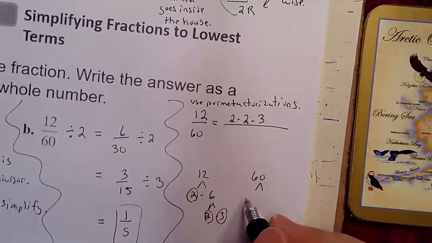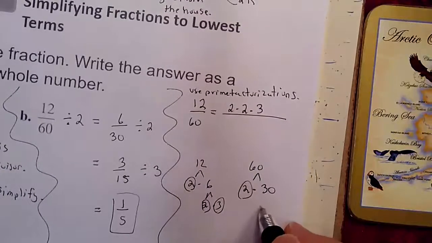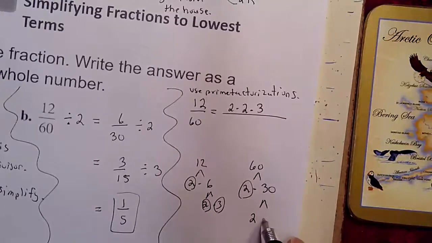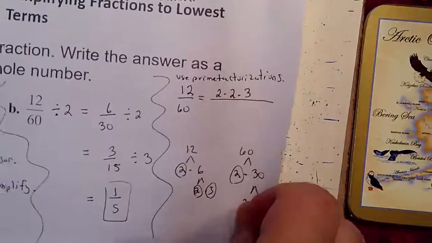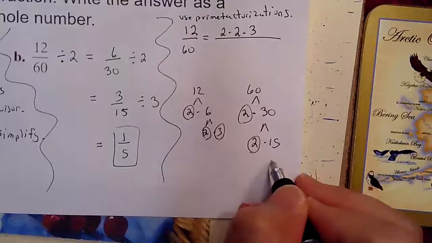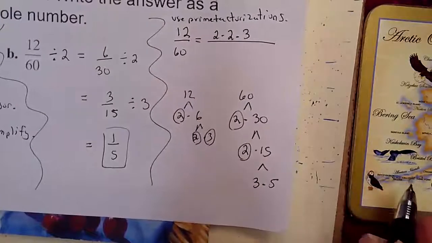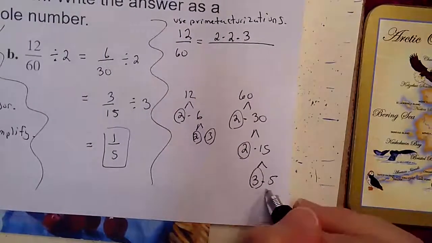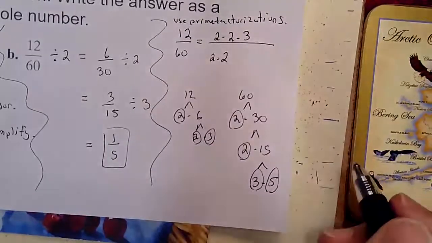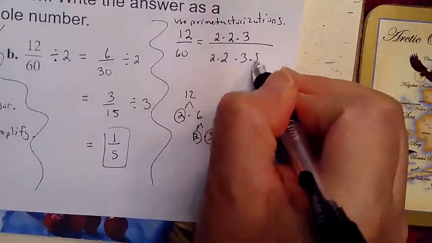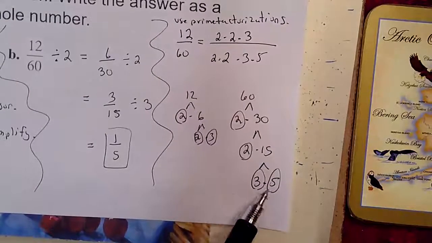And 60 is 2 times 30. 2 is prime. 30 can be broken down by 2 again, 2 times 15. And 15 can be broken down as 3 times 5. These are prime. So it looks like we have 2 2s, a 3, and a 5.